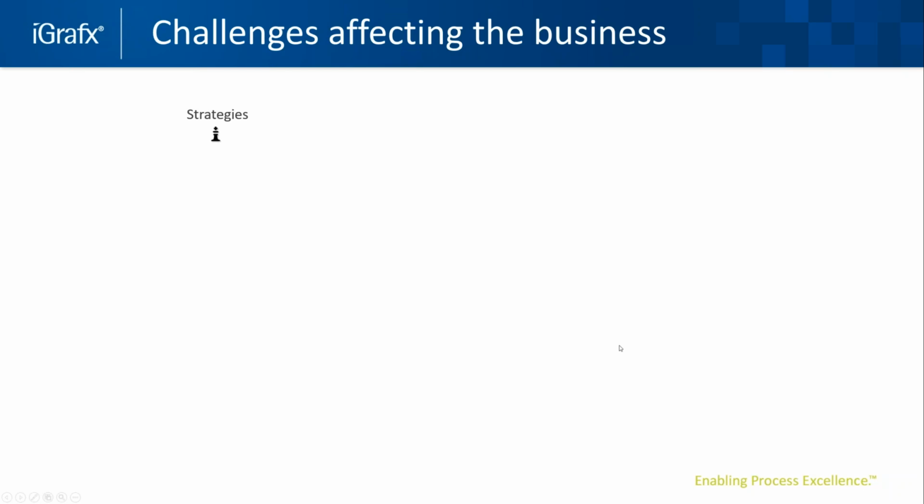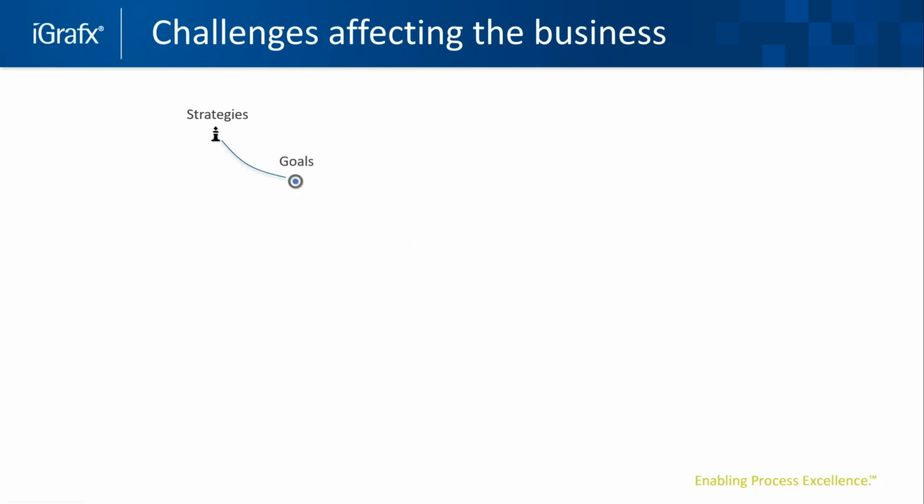So let's start with the strategies. The company's leaders have defined where the company should go within the next decade or so. So these are the strategies, and every employee should know these. So we can model it in our tool.